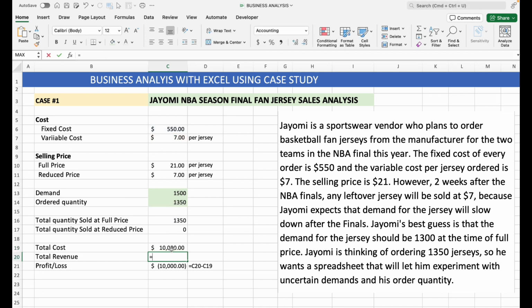Then for the total revenue, which will be the addition of what was sold, it will be equals to what you sold at full price times the value at full price plus the total quantity sold at reduced price multiplied by this.